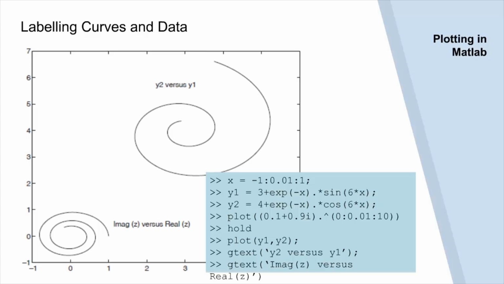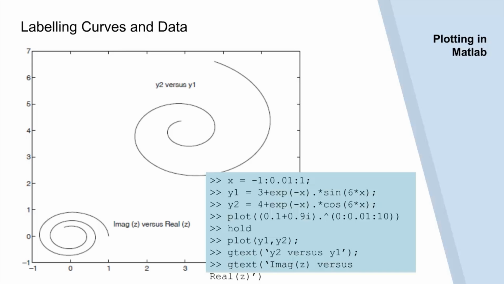First I have taken the vector x from minus 1 to 1 with a spacing of 0.01. Then I defined both my y1 and y2 functions. Then I first plotted this complex function z, that is (0.1 plus 0.9i) to the power n, over the range of 0 to 10 with a spacing of 0.01. Then I used the hold command.